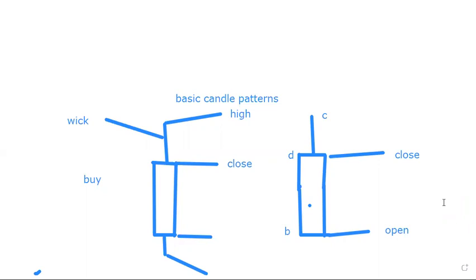Then, Madam Kemi, you're going to tell me the lowest price of this candle, the opening price of this candle, and the highest price of this candle. Those prices are what I represented by those B, D, and C.